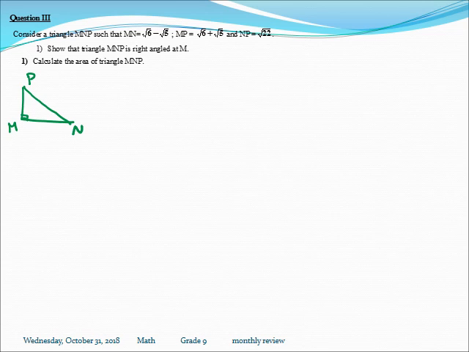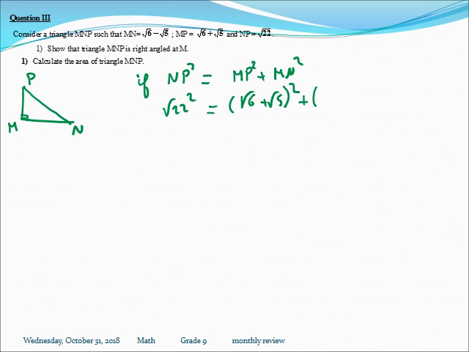If NP squared, the hypotenuse squared, equals MP squared plus MN squared, then it is right. NP is radical 22 squared, MP is radical 6 plus radical 5 all squared, and MN is radical 6 minus radical 5 all squared.